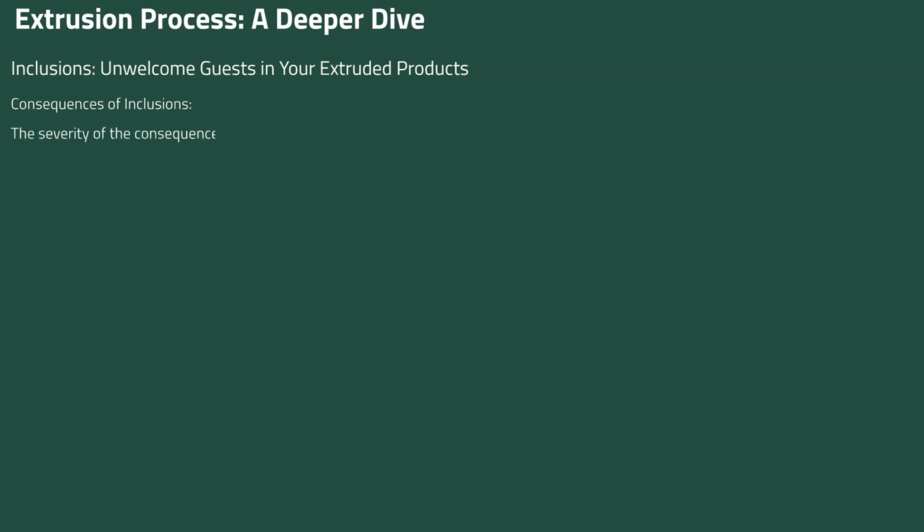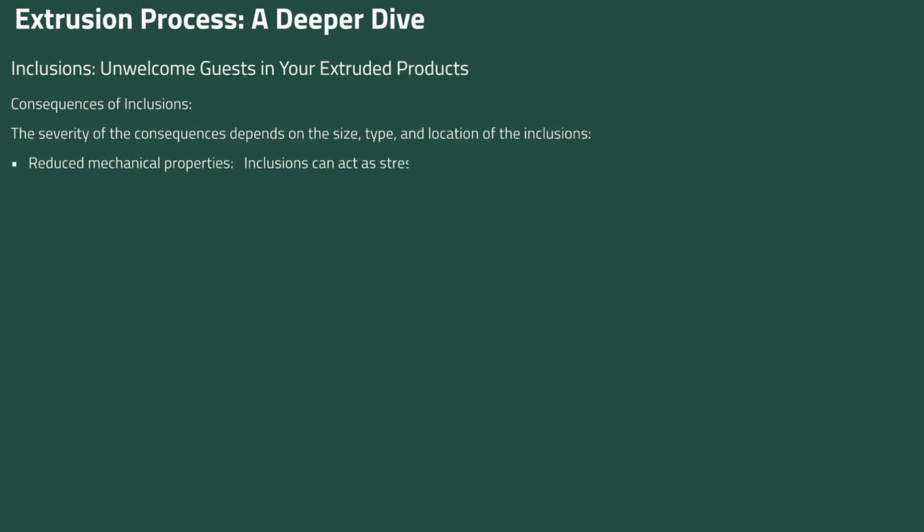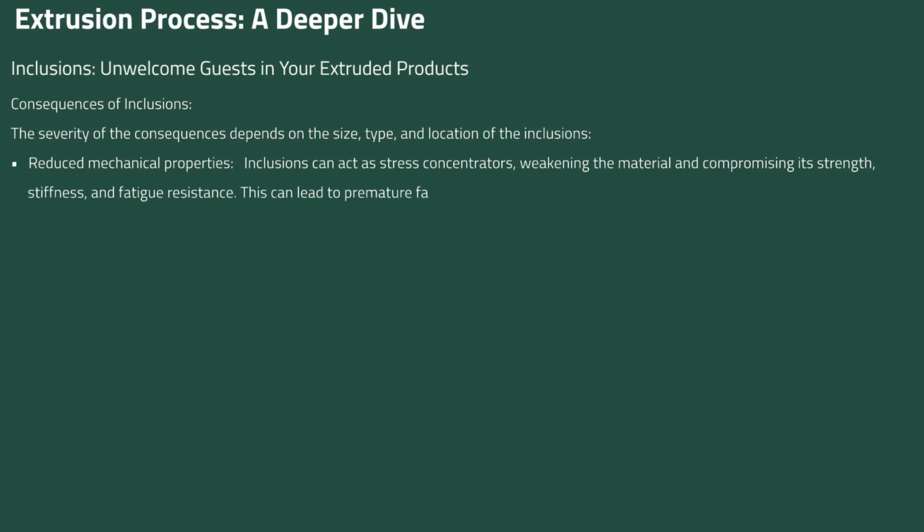Consequences of inclusions. The severity of the consequences depends on the size, type, and location of the inclusions. Reduced mechanical properties. Inclusions can act as stress concentrators, weakening the material and compromising its strength, stiffness, and fatigue resistance. This can lead to premature failures, particularly in critical applications. Surface imperfections.